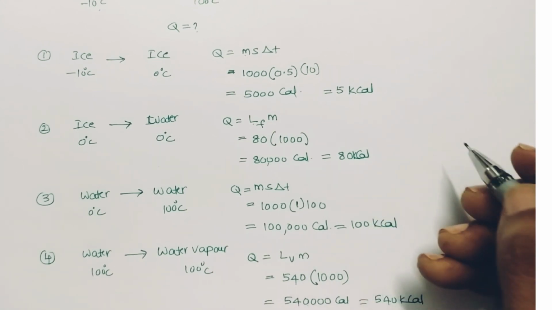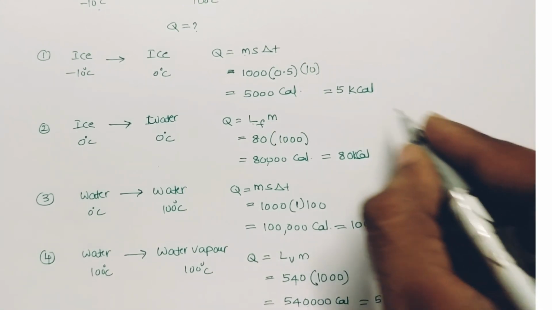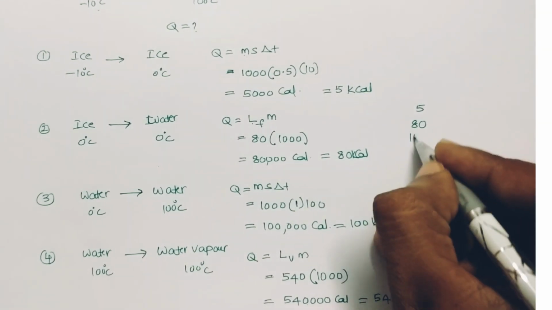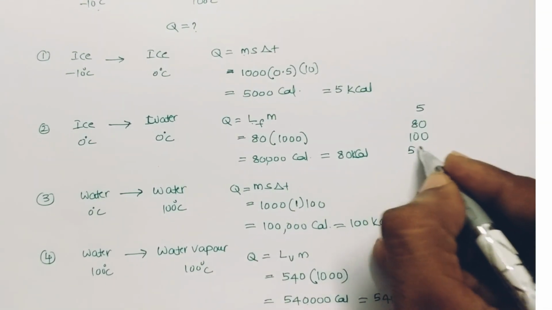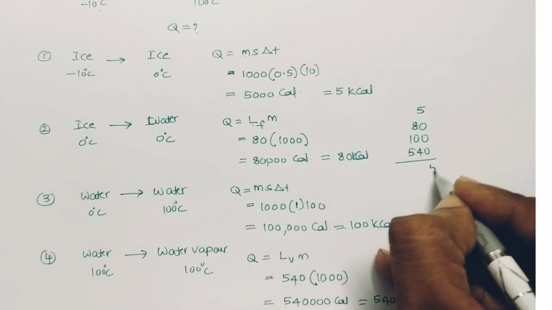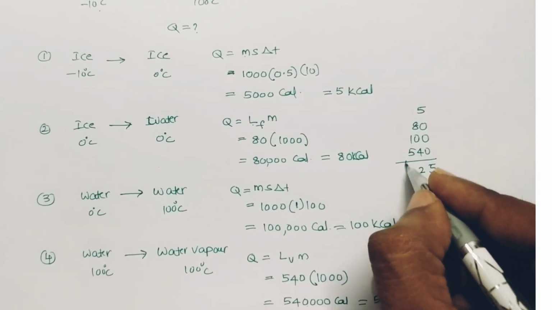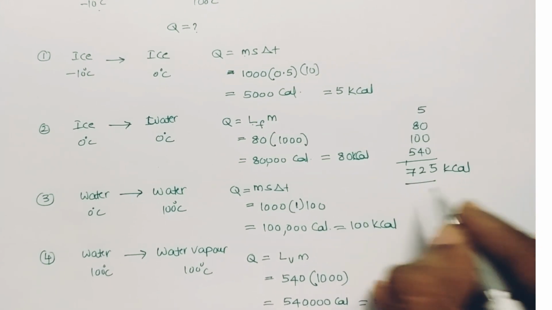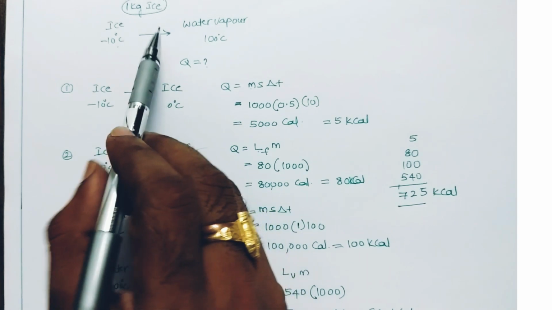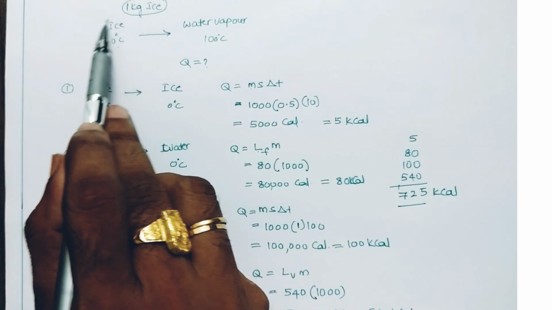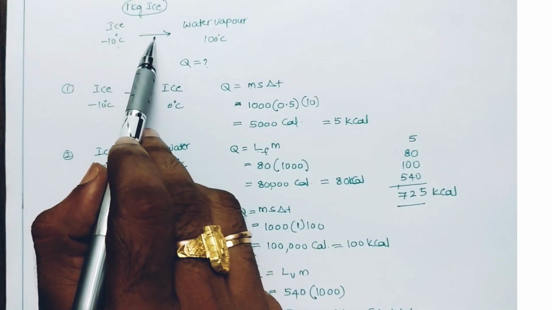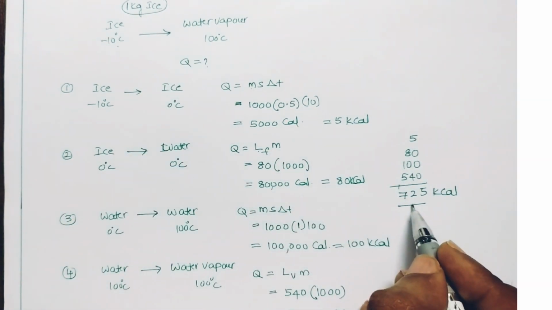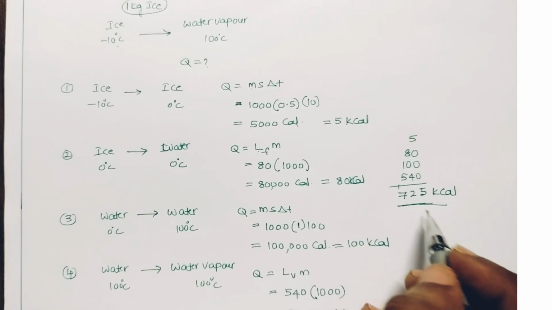Let's take the total amount of heat quantity, that means 5 plus 80 plus 100 plus 540. This is 5, 8 plus 4 is 12, 6 plus 1 is 7, so 725 kilocalories. So the total amount of heat given to the 1 kg ice, which is at minus 10 degrees centigrade, to be converted into water vapor at 100 degrees centigrade, is 725 kilocalories. So this is the answer.